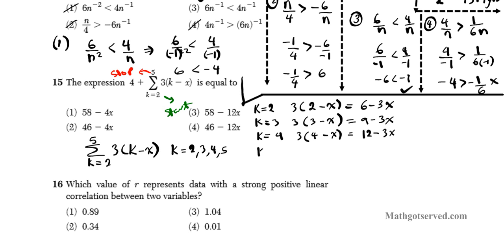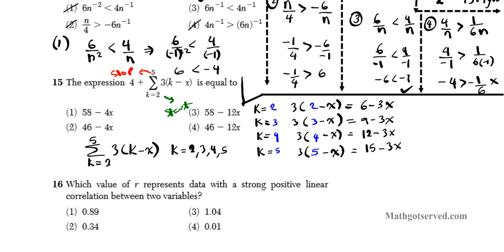And then for k equals 5, you have 3 times, let me change the color so you can see what's happening here, 5 minus x. Okay, so that's the number that's changing. So you have 15 minus 3x. I just changed these colors to make it obvious where the substitution is happening.